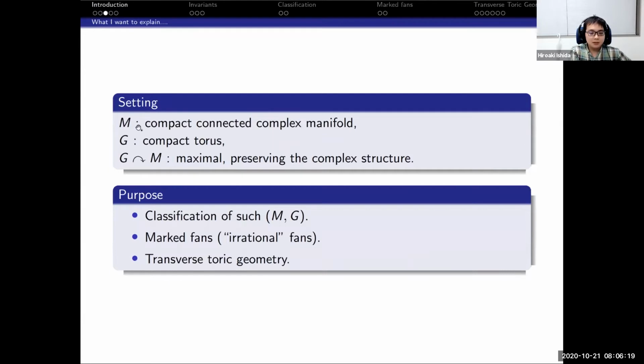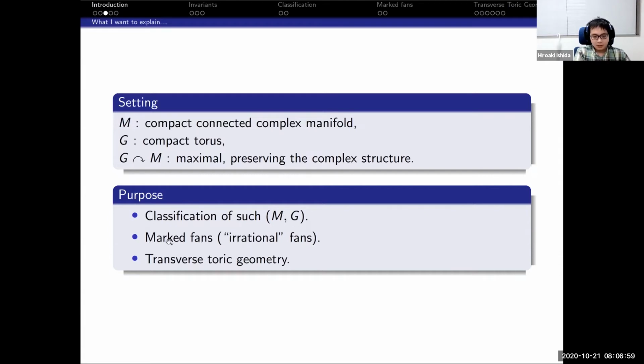And this is the main character of this talk. We consider a compact, connected, complex manifold equipped with a maximal torus action, and this action should preserve the complex structure on M. The goals of this talk are the following. First, I would like to explain the classification of such manifolds with torus action.